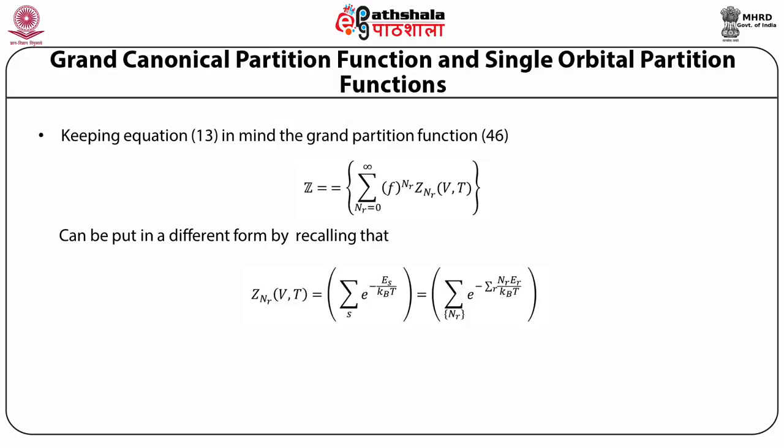of e raised to the power minus E_s upon k_B T, which is equal to the summation over {n_r} of e raised to the power minus summation over r of n_r E_r upon k_B T, with the summation over the set {n_r} of n_r equal to the total number of particles.